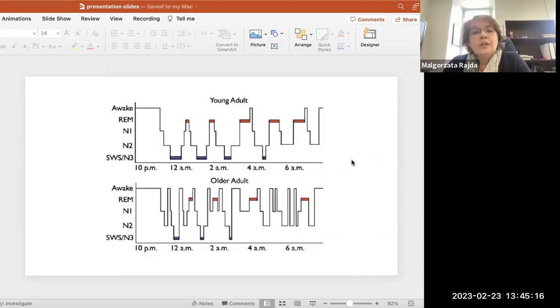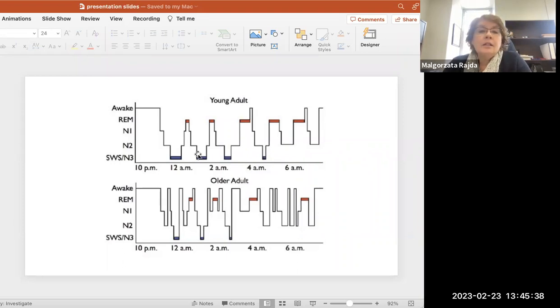And this process continues into older age, where when we grow older, again, our circadian rhythm shifts and we start waking up earlier in the morning and we want to go to bed earlier. So that's one difference in sleep during aging.